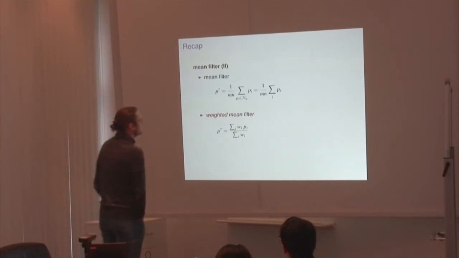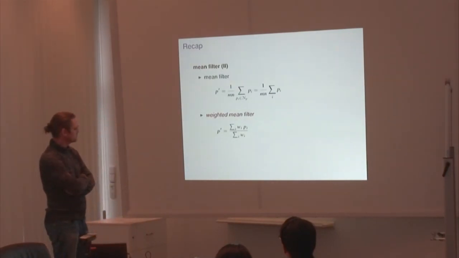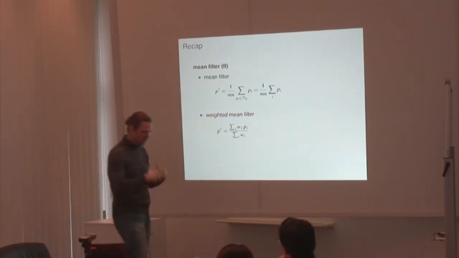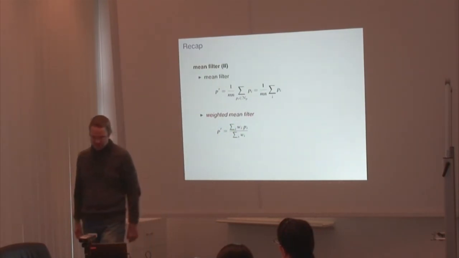And we didn't do that last time, but we may consider different ways of computing averages. We can think of having weights that would weight the contribution of every pixel in this neighborhood, and then we would sum.